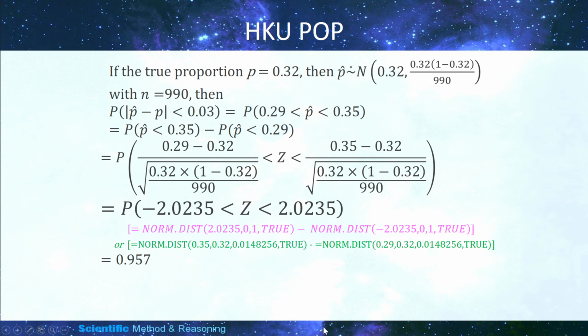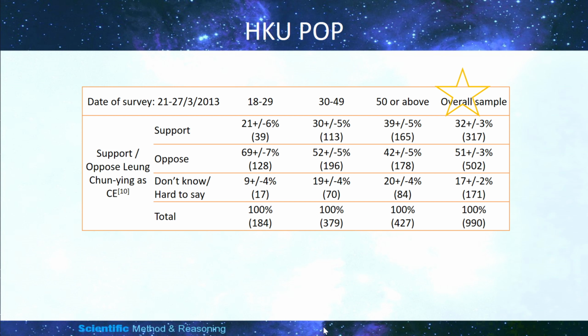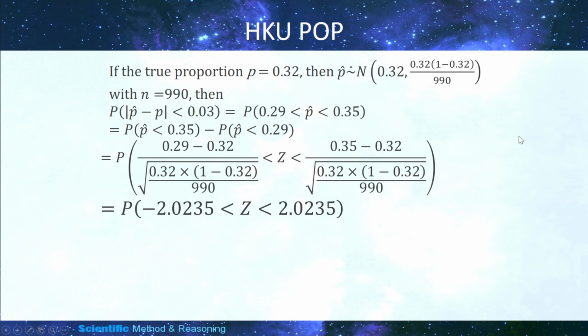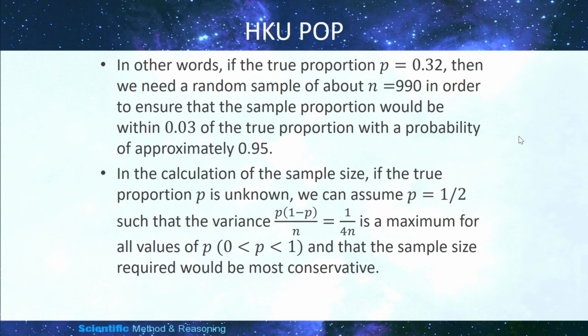Okay, 0.957, so 32% plus or minus 3%. What does that mean? In other words, that means if the true proportion p equals 0.32, then we need a random sample of about n equals 990, in order to ensure that the sample proportion would be within 0.03 unit or 3% of the true proportion with a probability of approximately 95%.